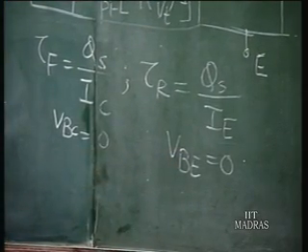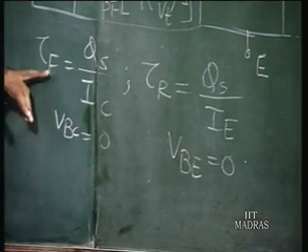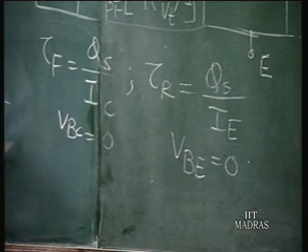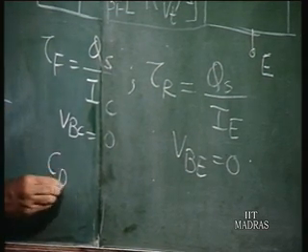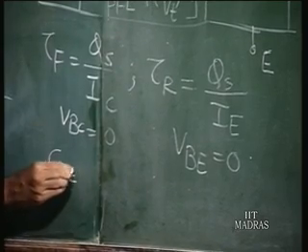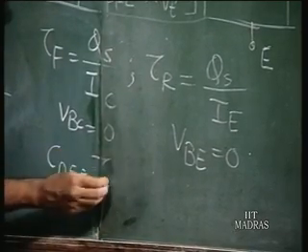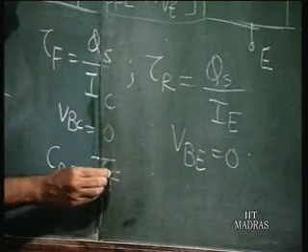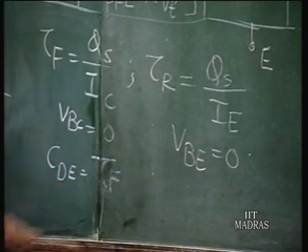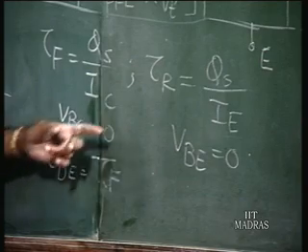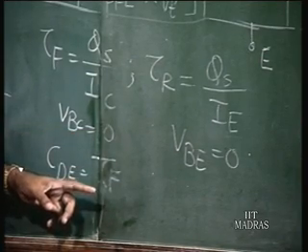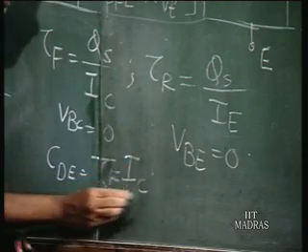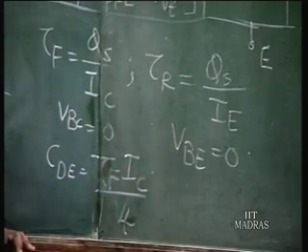And again the diffusion capacitance, for this case CDE, will be given in terms of the forward transit time tau f times, just as in the case of a diode, del IC del VBE, which is nearly equal to IC by VT.